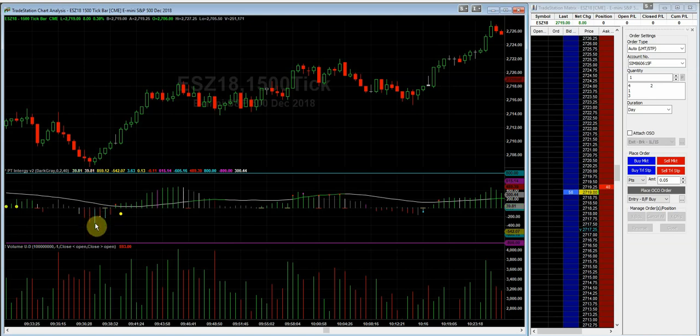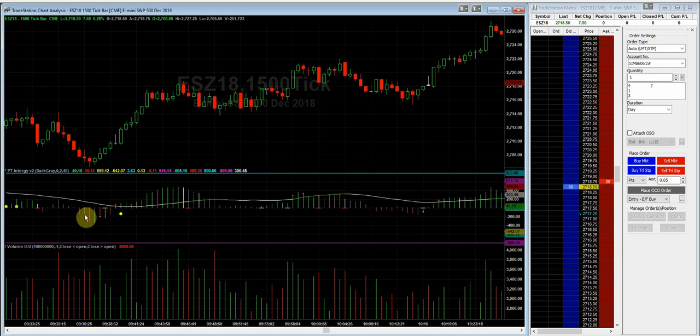When you get a cyan color here within the down movement, that means that demand is showing up even within the down moves, and that corresponds to, on the up moves here, the magenta shows demand, whereas the white, when the histogram is above the zero line, would indicate more of a down move, or a move down possibly in price.